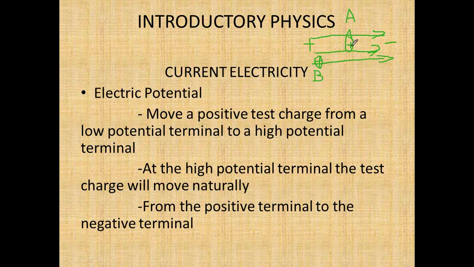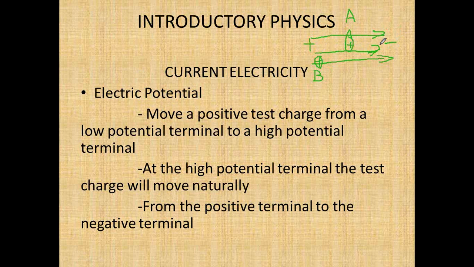But you have to do work to get it to position B, because it's going to be repelled by this positive source charge. So if you move a positive test charge from a low potential terminal, and the reason why we call this a low potential terminal is because the natural tendency is for this charge to be attracted here.